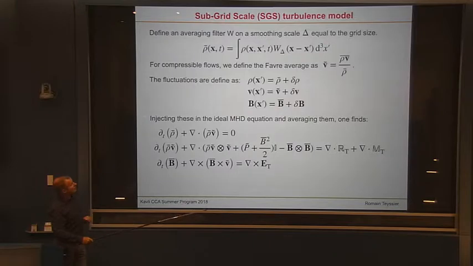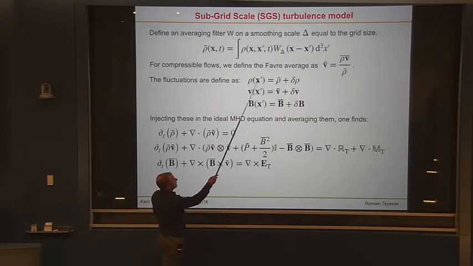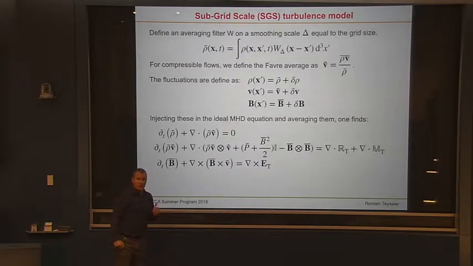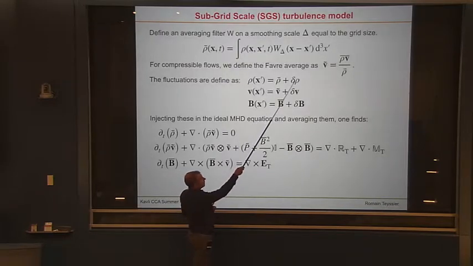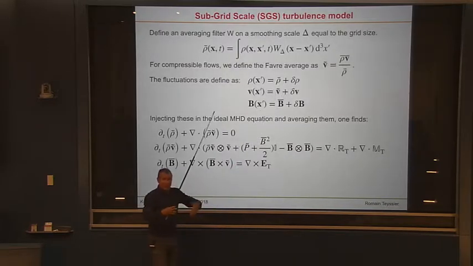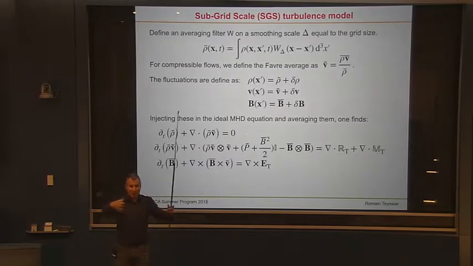So now what you can do, you can inject those guys using this definition back into your ideal MHD equation. Right? You can do that. And then you have equations with basically two terms, average term and a fluctuation, and of course all the products of those terms. Right? So you're going to end up with a lot of new terms.